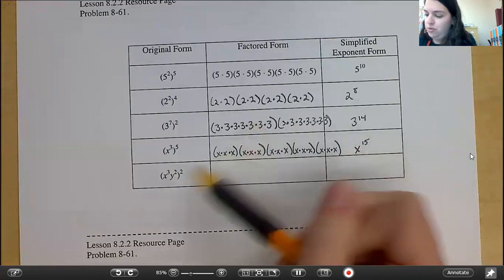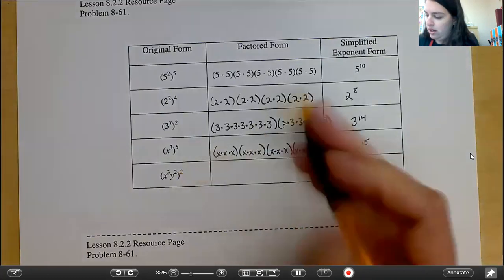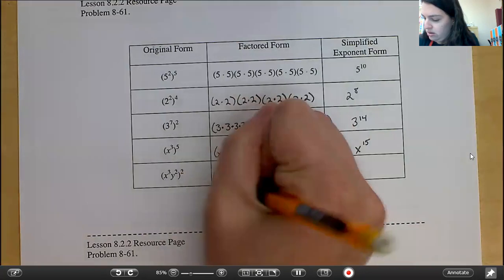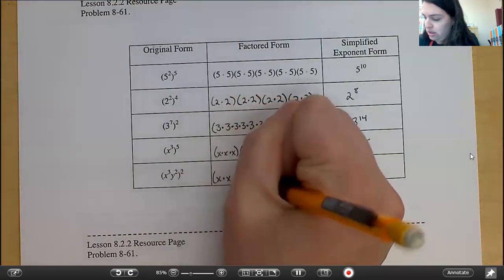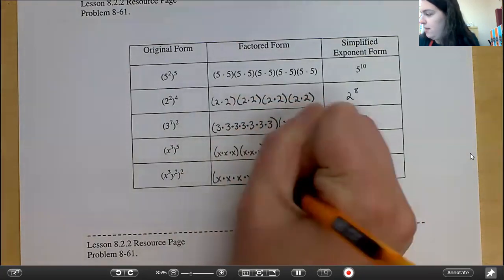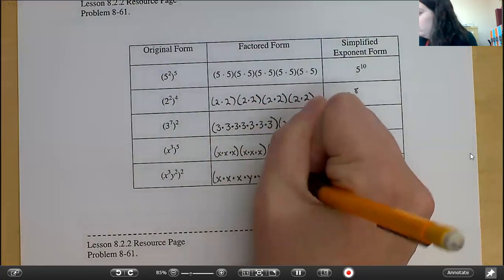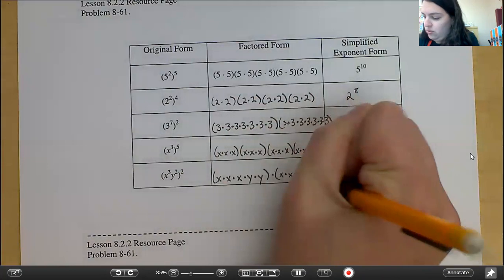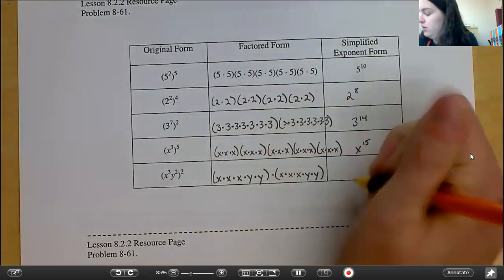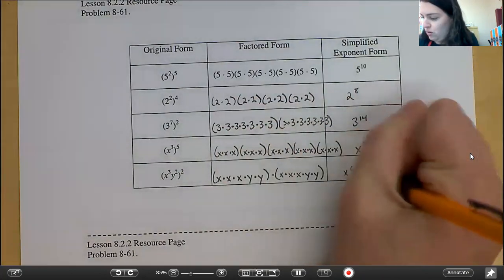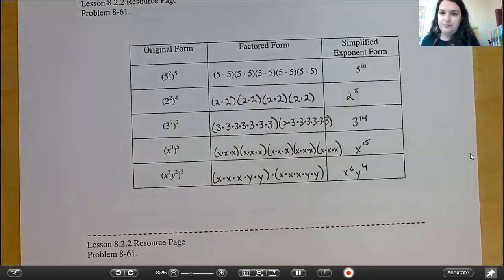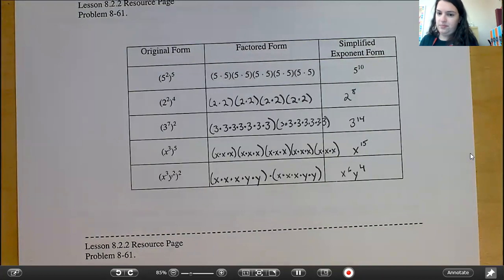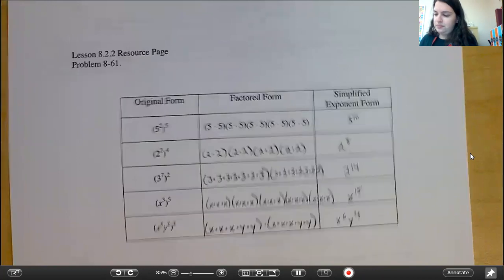Here we have 2 groups of x to the third and y to the second. So 3 x's, 2 y's, that makes a group. 3 x's, 2 y's, that makes a group. So we have x to the 6th and y to the 4th. Okay.